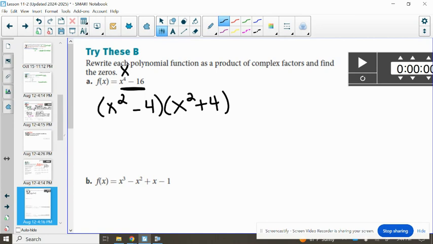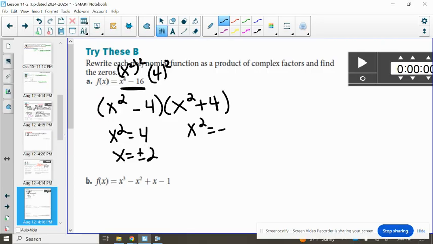Because again, x squared squared would be x to the fourth, 2 squared is 4, and 4 squared is 16. Well, officially, if we set each of these pieces equal to 0, we end up getting plus or minus 2, and then plus or minus 2i as our zeros.